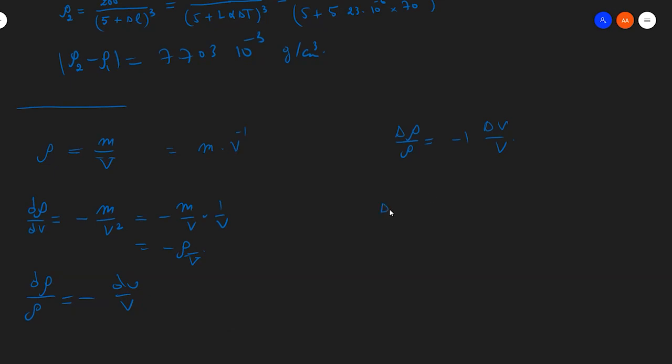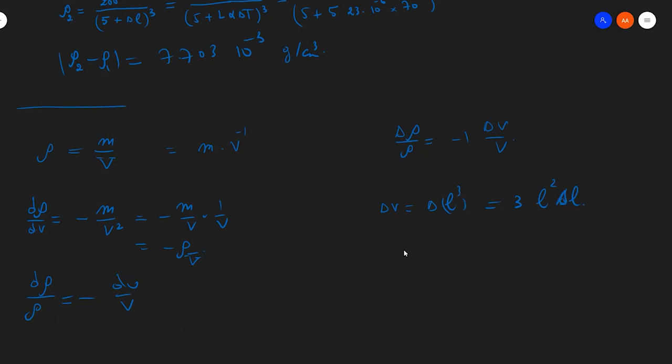Now, what is delta v? You have v equal to L to the power 3. The volume is L cubed. Taking the derivative, this one is 3 L squared dL, or delta L. You have seen that also in the lab.